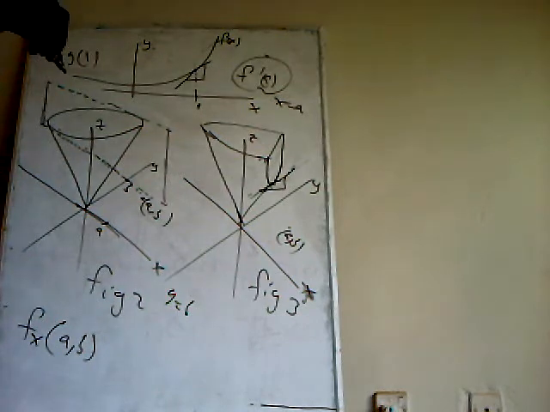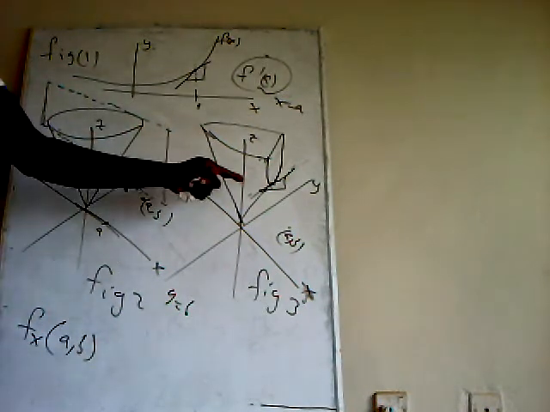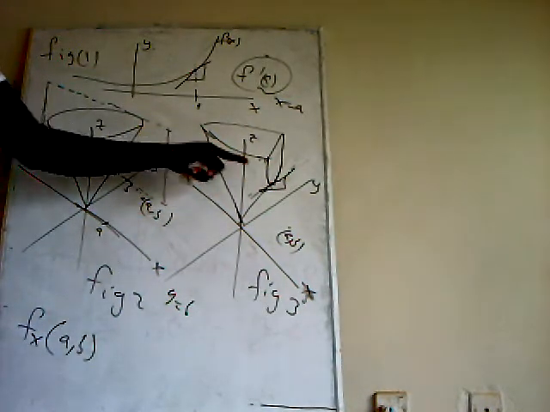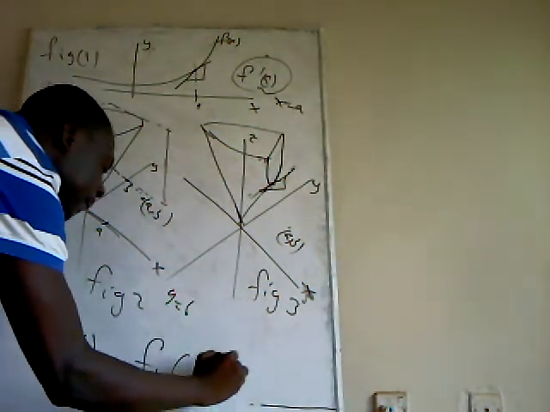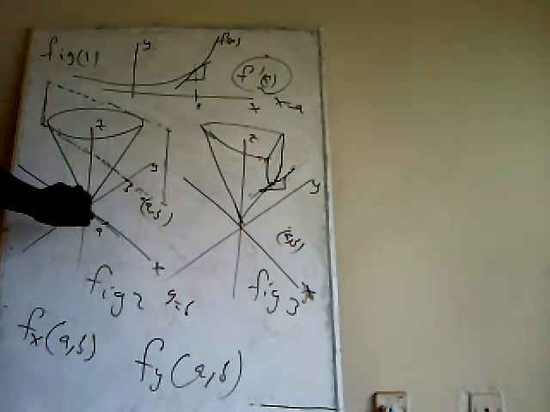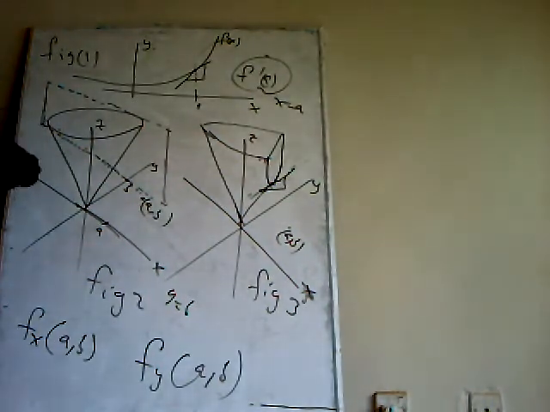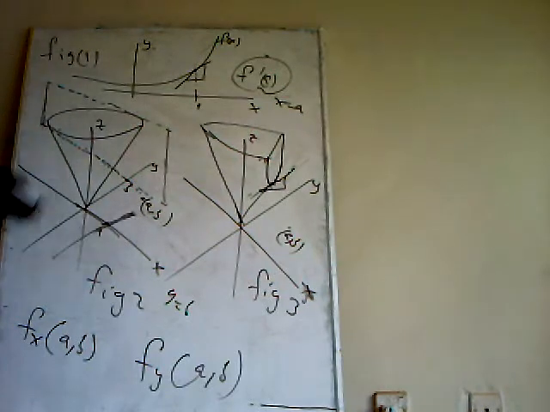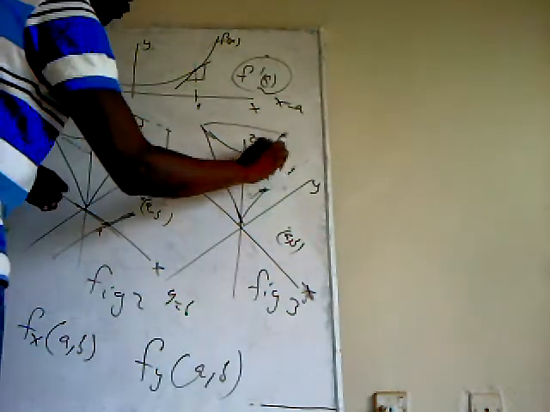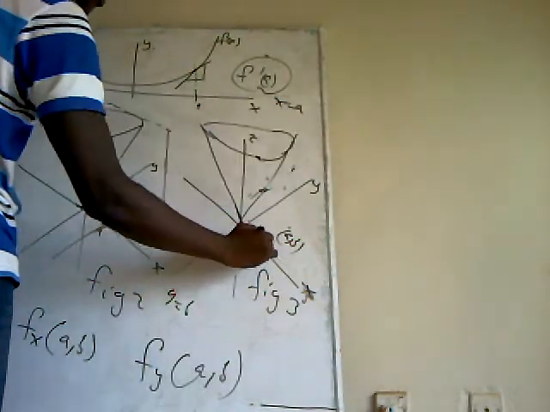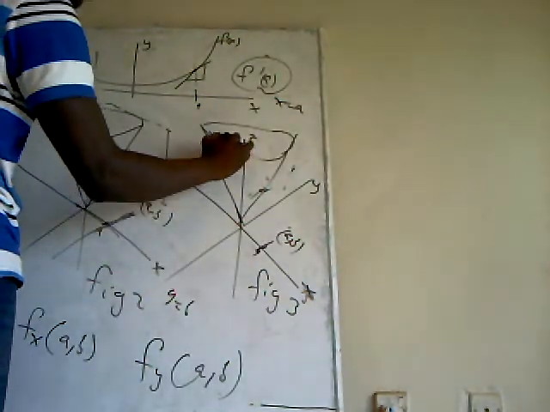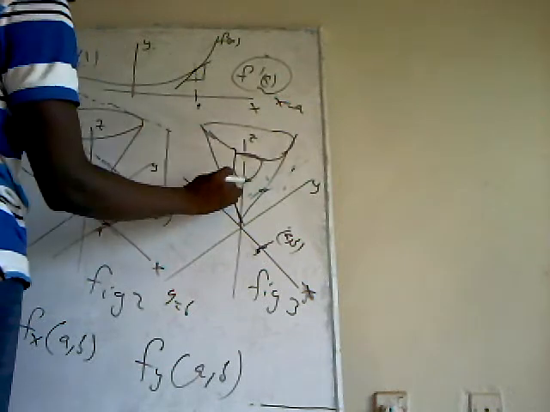Likewise, f of y at a, b is the slope of the tangent line to the trace caused by a. Here is the plane x equal to a. That will cause our trace. When this plane cuts, it will chop some portion off.